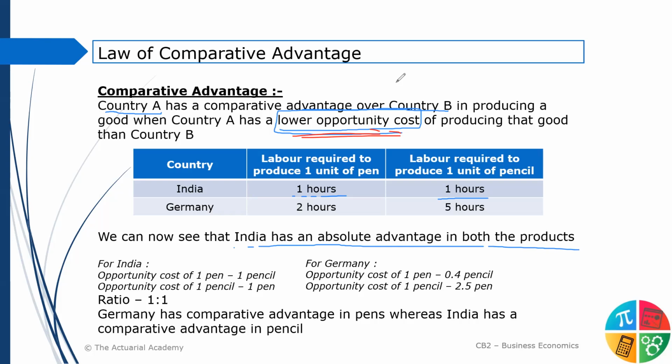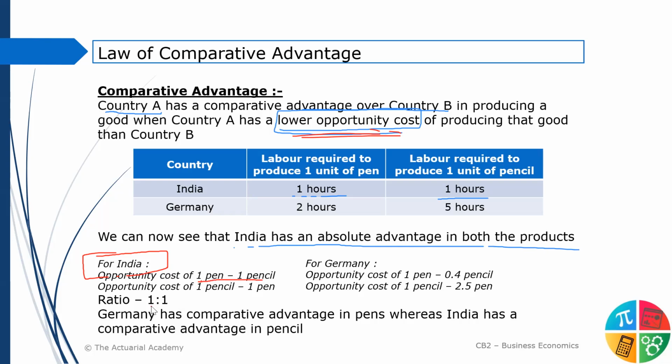Let's look at the opportunity cost for India and Germany. For India, the opportunity cost of one pen is one pencil, since it requires one hour to produce each. Rather than producing one pen, it could have produced one pencil. So the opportunity cost is 1:1.